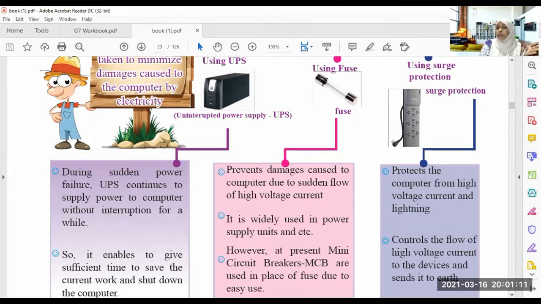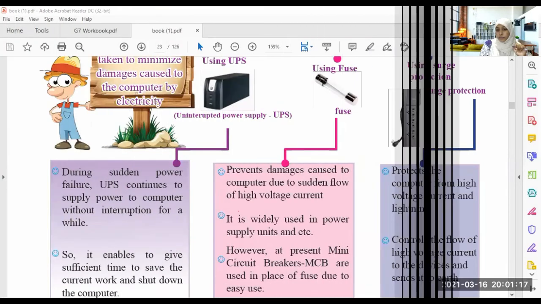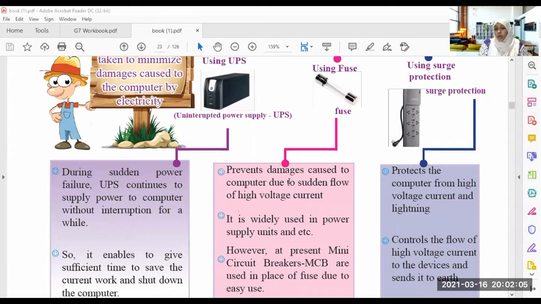It prevents damage to your computer. Also, it is widely used in power supply units and so on. These fuses are used in the UPS also.